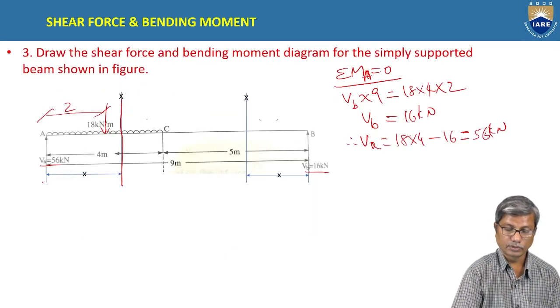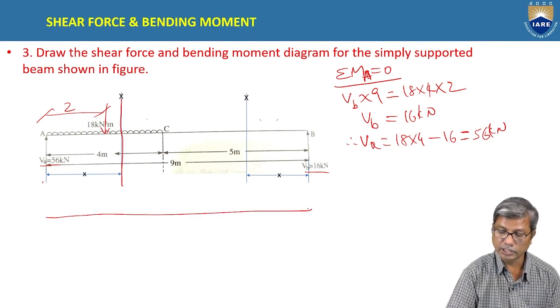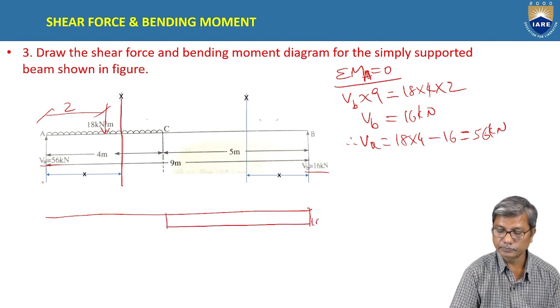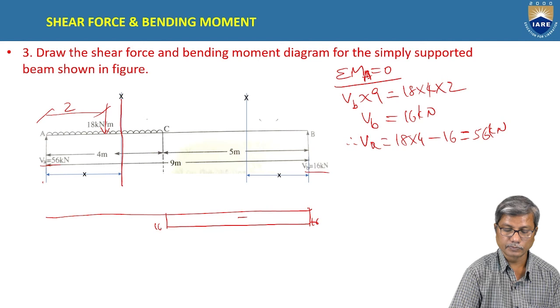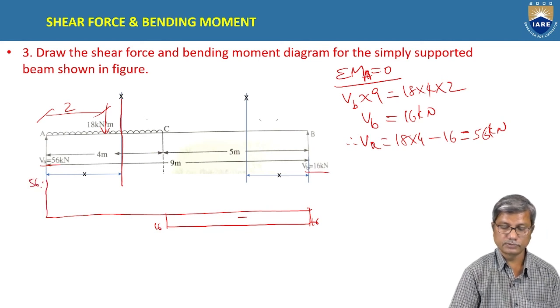Okay. Yeah, the shear force diagram here will be something like this: minus 16 and minus 16, and it varies to plus 56 here, plus 56.